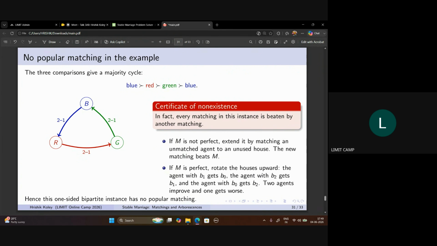So these are three very important ideas that we tried to discuss: stable matching, popular arborescences, and popular matchings.